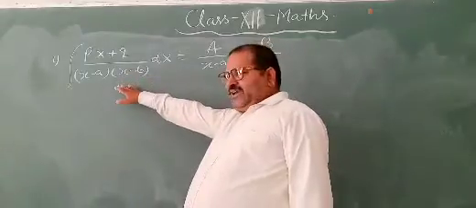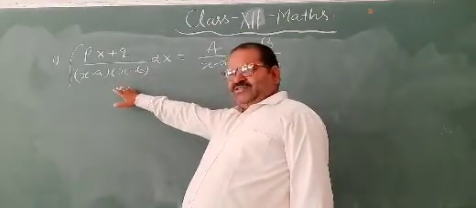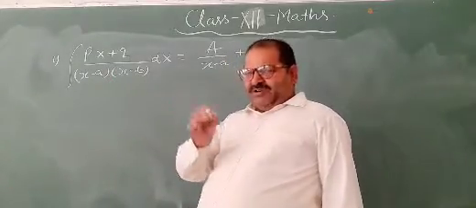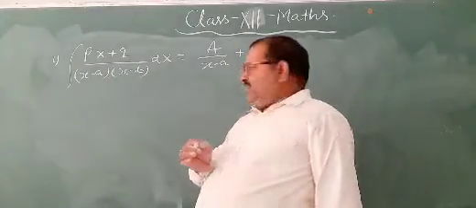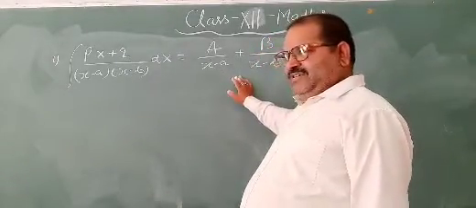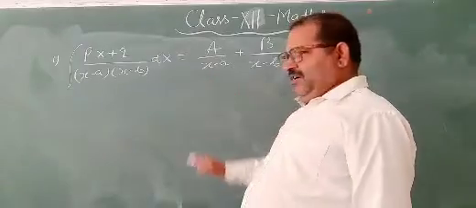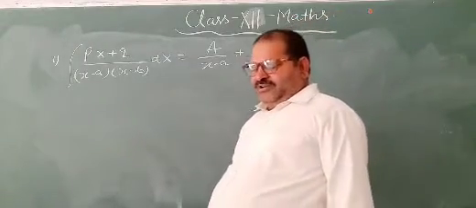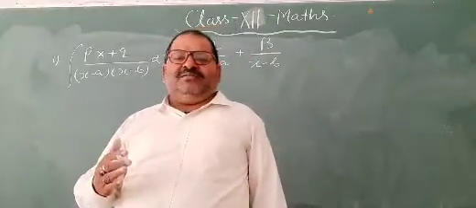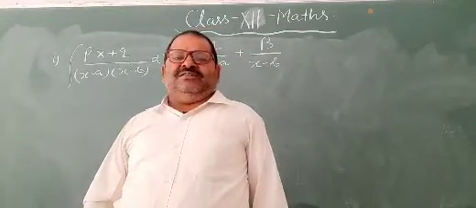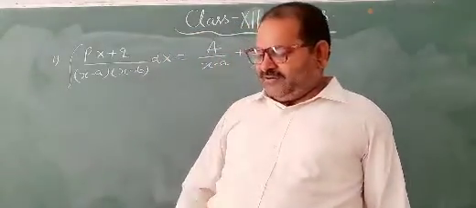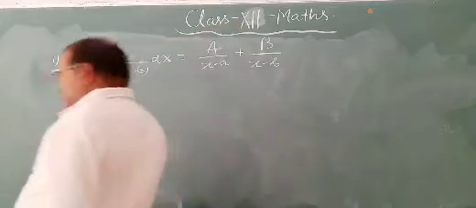This integration has a rational function, and this rational function is converted into a partial fraction. The partial fraction is based upon the nature of the factor. That is second.